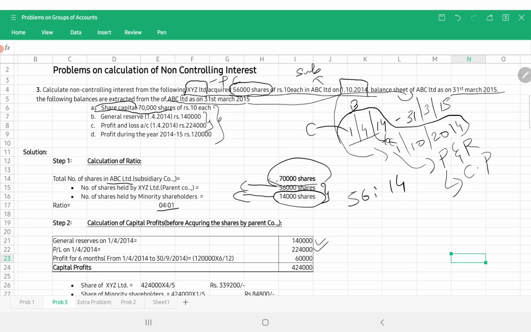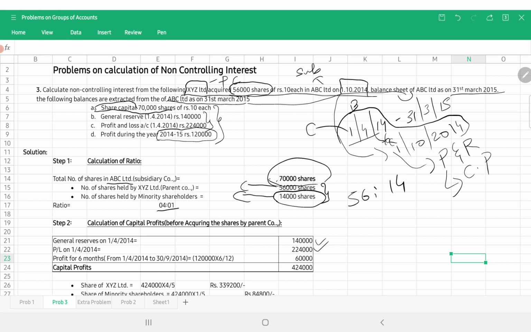Now coming to profit during 2014-15, why should we take this here? In the previous problem, we did not take it, because the beginning date itself was the acquisition date. In the first problem, they also mentioned profit during 2014-15, but the acquisition date was the beginning date, 1/4/2014, and hence this profit was not taken.